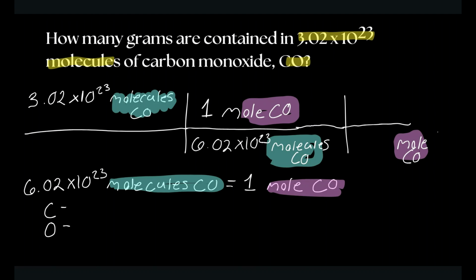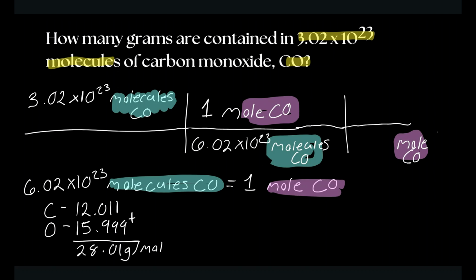Carbon has a mass of 12.011. Oxygen is 15.999. We are going to add these together in order to get the molar mass of 28.01 grams per mole.